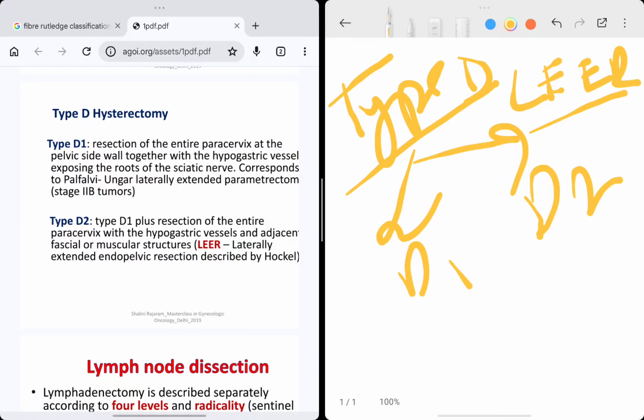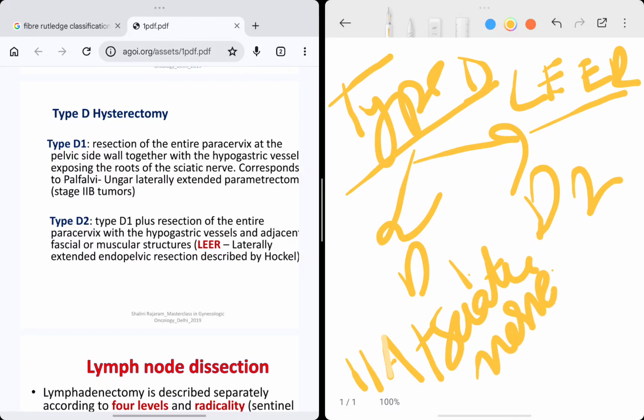So when the resection of the paracervix at the pelvic side wall extends from the internal iliac system, there is resection of the paracervix along with the internal iliac system, exposing the roots of the sciatic nerve. And when there is also resection of the hypogastric vessels plus adjacent fascial and muscular structures, then this is known as LEER. Mainly LEER is for type D2.